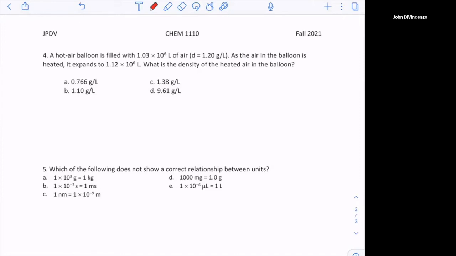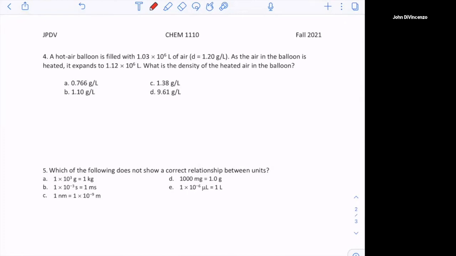So we're given the volumes of the two. We've got the hot air balloon. It's got this volume and density, right? And ultimately we've got a second density. So we've got these D1s and D2s here. We've got two densities.